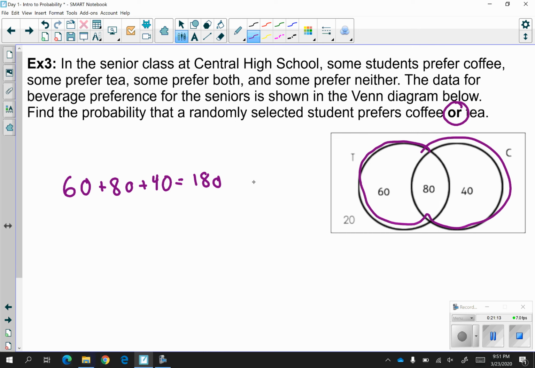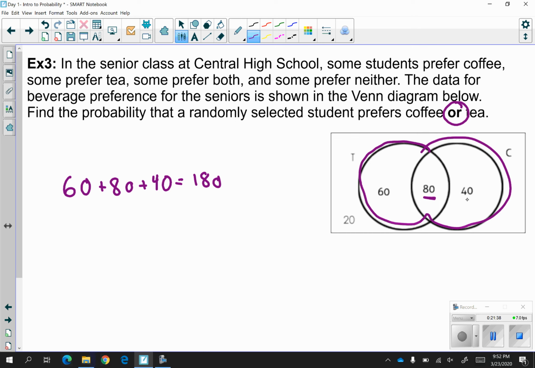Keep in mind, you do not have to subtract anything because in this case, you only counted the overlap once for 80. You counted 60 once, you counted 80 once, you counted 40 once. You're not counting the overlap twice, so there's no subtraction. That's why it's easier to do OR probability with Venn diagrams. You just add up what you see.